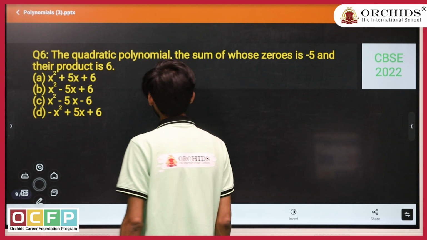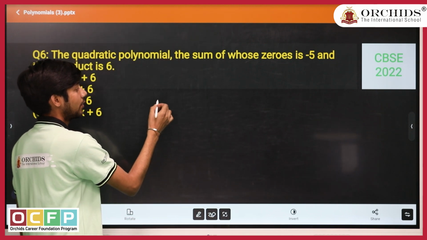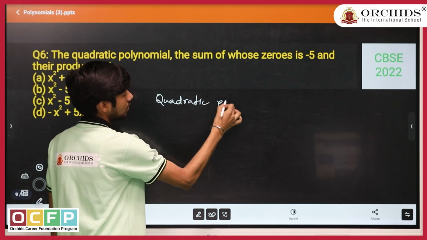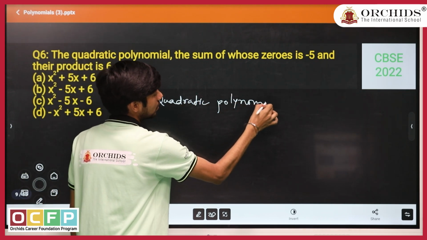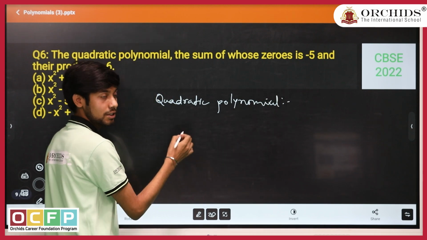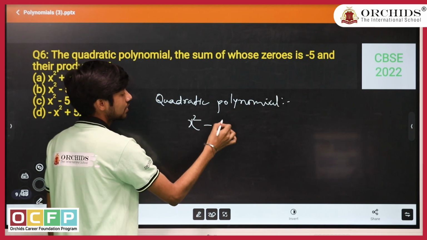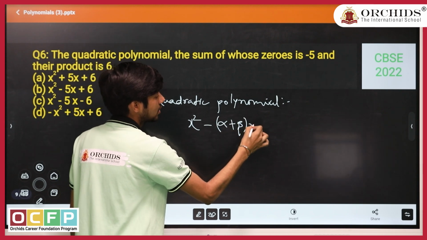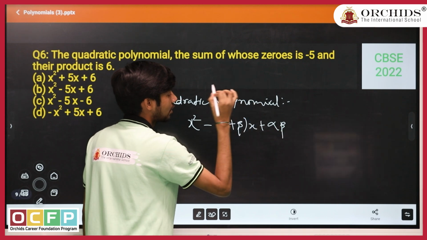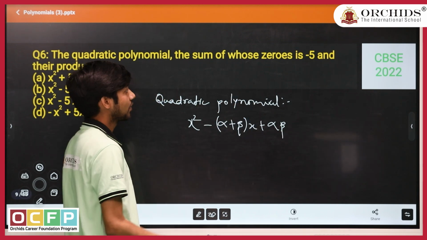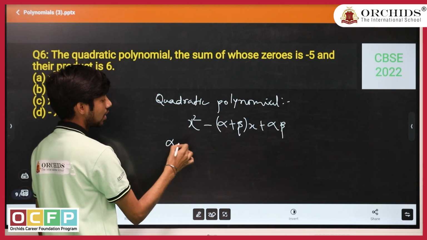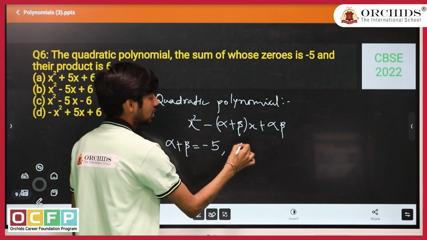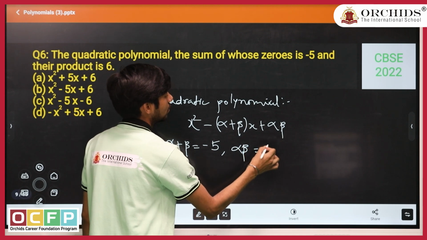So what do we know? We know that the quadratic polynomial is equal to x² − (sum of zeros, that is alpha plus beta) into x + alpha into beta, that is the product of zeros. So in the question it is given alpha plus beta equal to −5, that is the sum of zeros, and the product of zeros is given as 6.